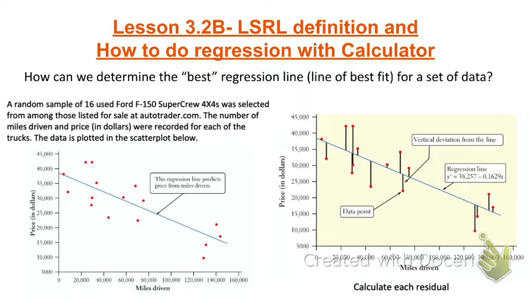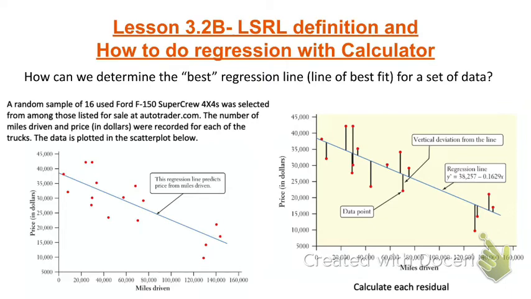So my question to you guys is, if I give you a scatter plot, how do you know where to put the line of best fit? Yeah, so you kind of look at the dots and estimate where would be a pretty good place.